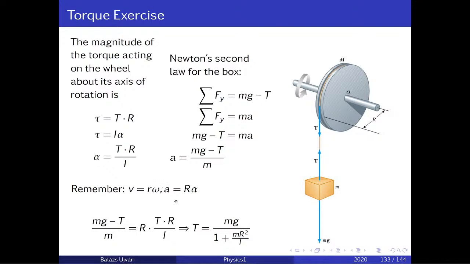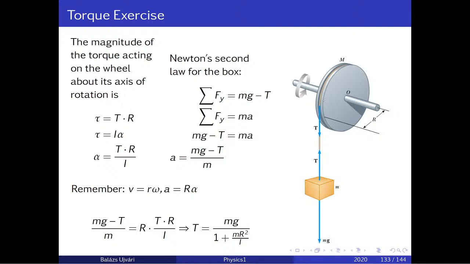One important thing is that in this case, when these are strongly connected, the a and the alpha can't be independent. You can imagine, if there is any acceleration on this body, this part of the string or the whole cylinder will feel the same acceleration.